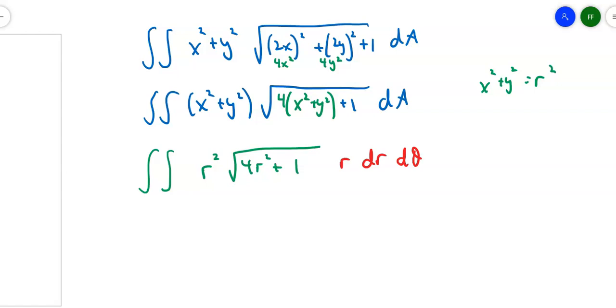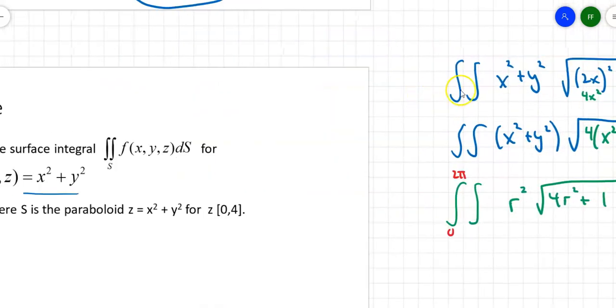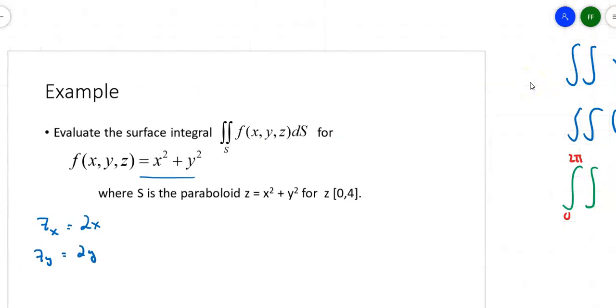Well, the thetas I'm pretty confident are going to go from 0 to 2 pi. Question is, what are my limits of integration for r? I'll come back to the original problem, and it tells us that the z values go from 0 to 4. So quick calculation, if I put a 4 in for z, this is another circle with the radius of 2. So my r values range from 0 to 2.